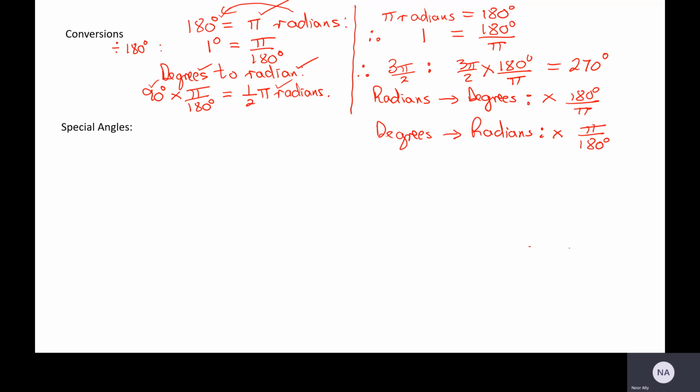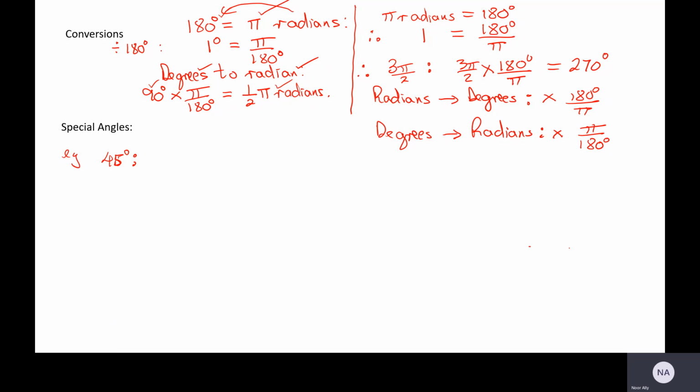So let's look at some special cases. Let's go from 45 degrees. That's in degrees. I want to know how many radians.